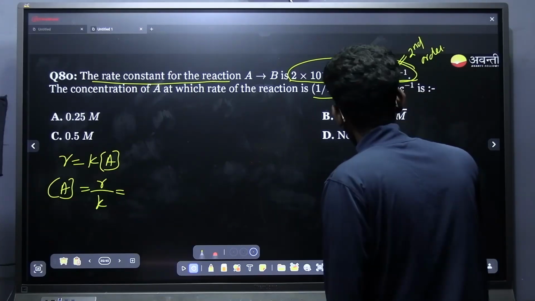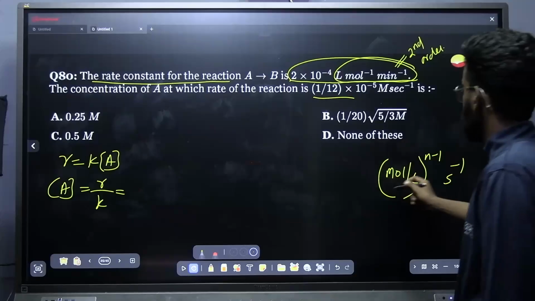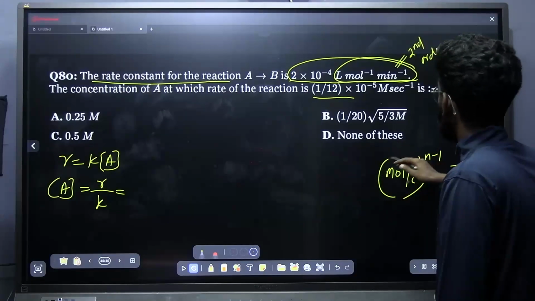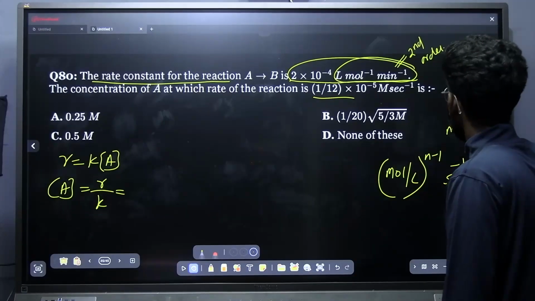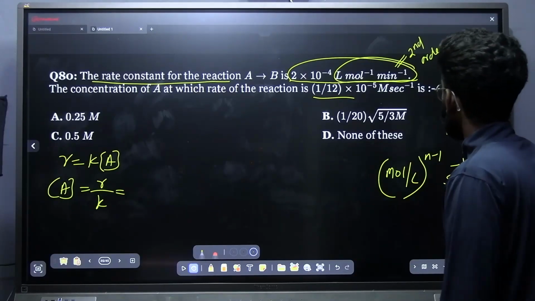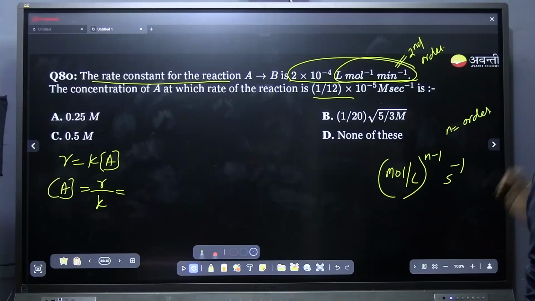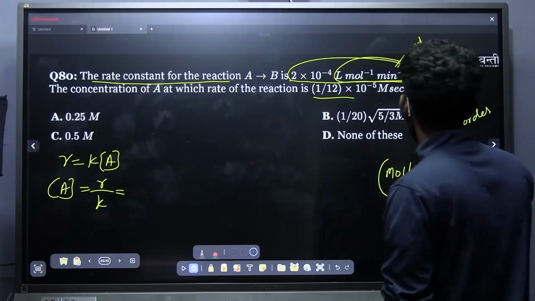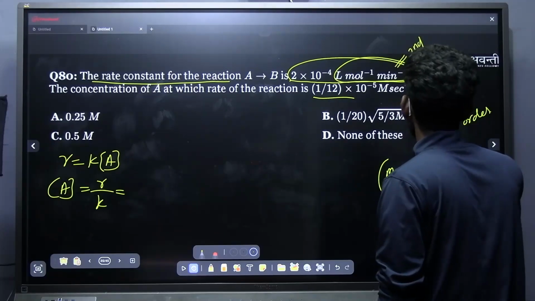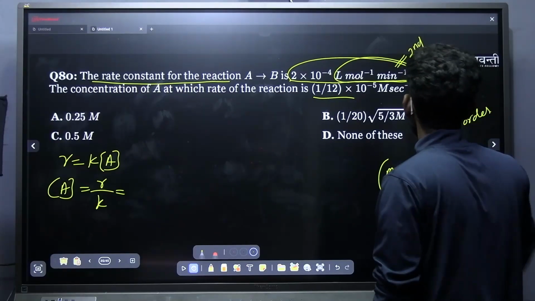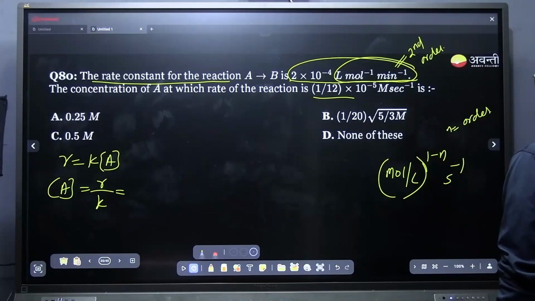This is the general equation for the calculation of the unit of a rate constant, where n is equal to the order.